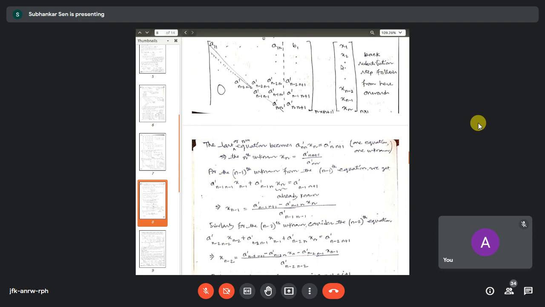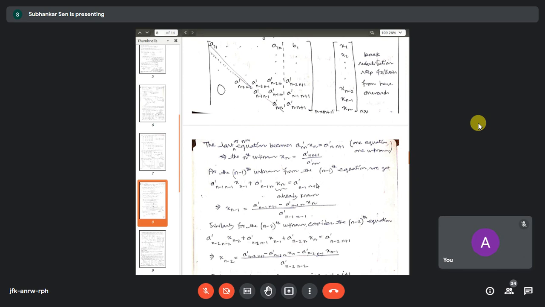This is very easy. Then you come to the n-2th equation. You can easily write it like A dash n-2,n-2 xn-2 plus A dash n-2,n-1 xn-1 plus A dash n-2,n xn. How to remember this actually? You just remember the matrix equation is written as Aij xj equals Bi.